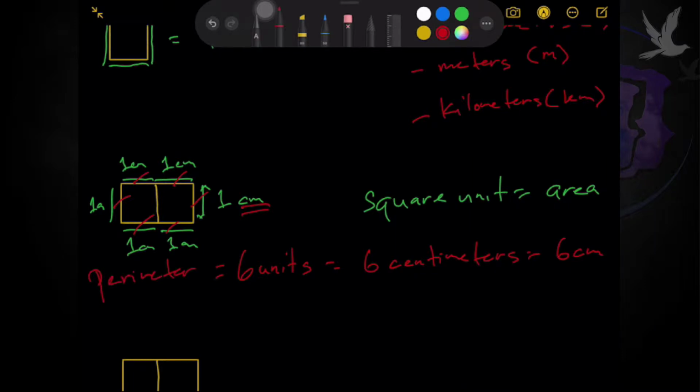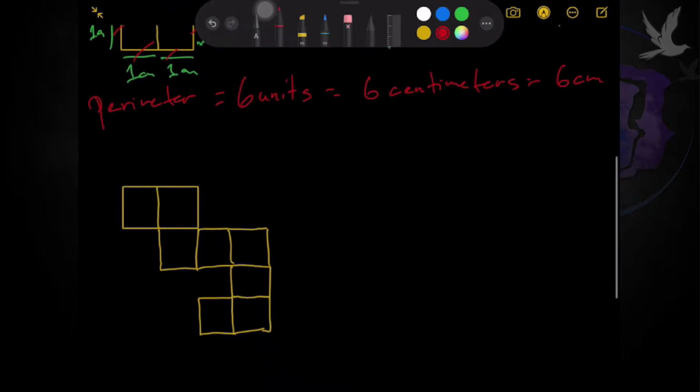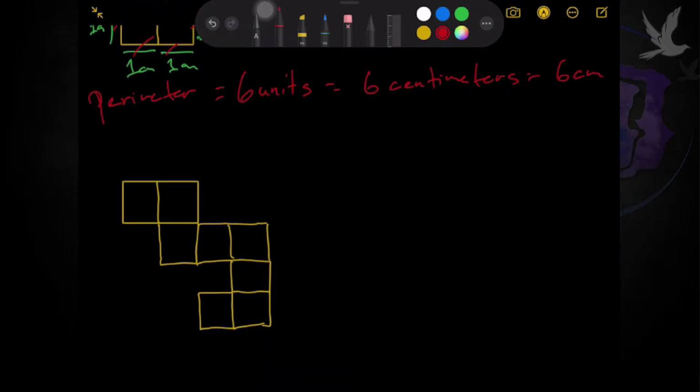Okay, so yan ang perimeter niya. Now how about this one? Again, taking 1 unit as 1 cm. So from there, madali lang siya actually kasi all you need to do now is just to count the sides, no? So that's 1 2 3.